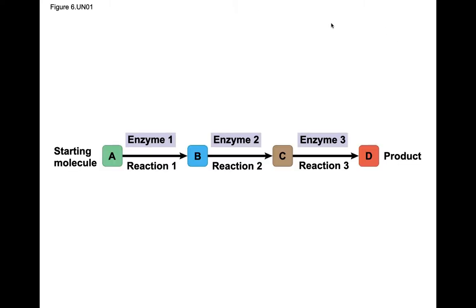And we know that because enzymes are proteins, and proteins fold and form in the endoplasmic reticulum as a result of their DNA sequence. So if we have a metabolic pathway here, each reaction is going to occur getting us to a product, and each enzyme is going to be useful in said product.